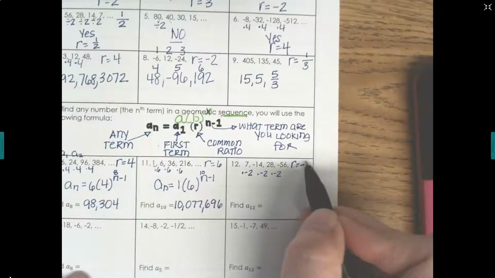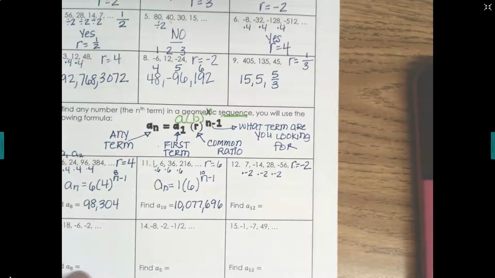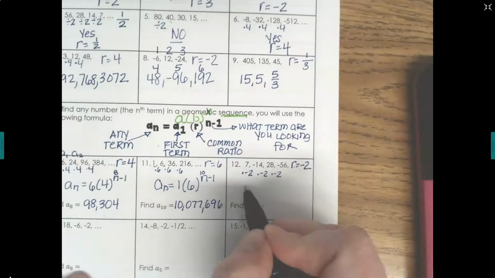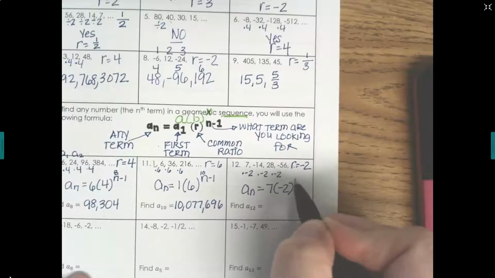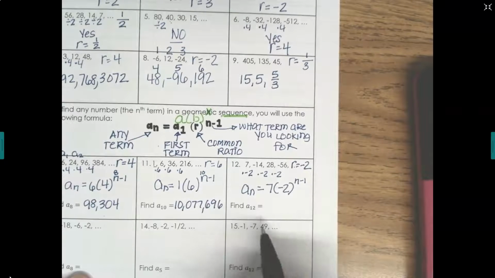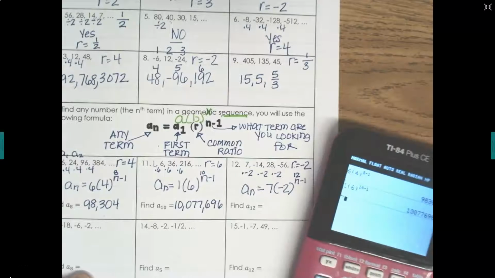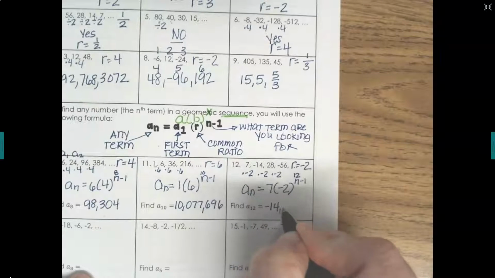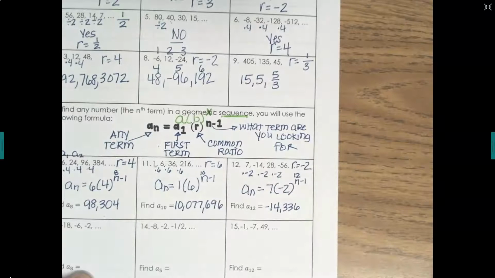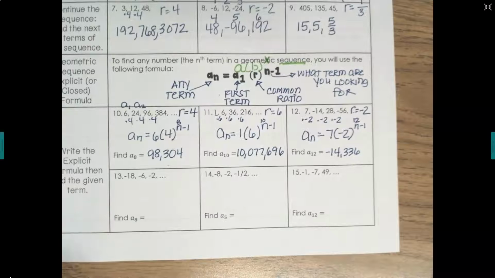It follows for all of those, so our common ratio is negative 2. 7 is the first term, so to find any term in this sequence, we're going to take 7 times negative 2 raised to the n minus 1. We want the 12th term, so I want you to plug 12 in right there. So we have 7 times negative 2 raised to the 12 minus 1, or 11. And we got negative 14,336. All right, pause the video and try number 13 and then come back when you're done.